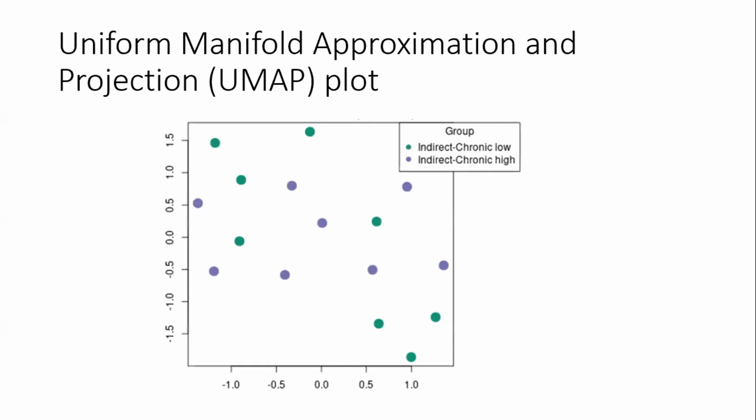We have discovered that for chronic high levodopa versus chronic low levodopa, levodopa treatment reveals no significant molecular changes on the indirect pathway, but rather on the direct pathway. So we checked. What we found in chronic high versus chronic low on the indirect pathway, actually with UMAP, there was not much separation of these two dosages.